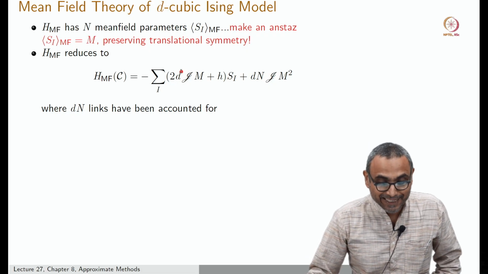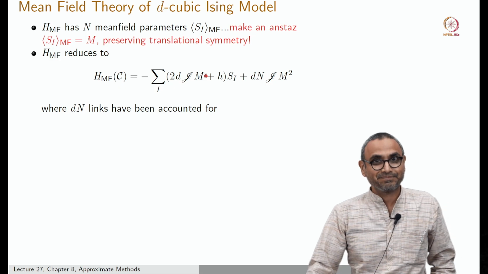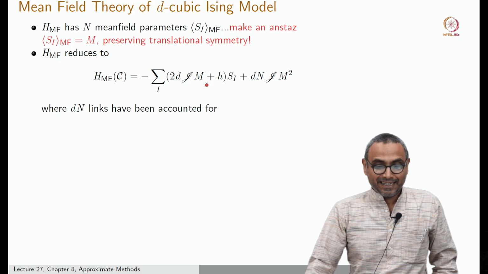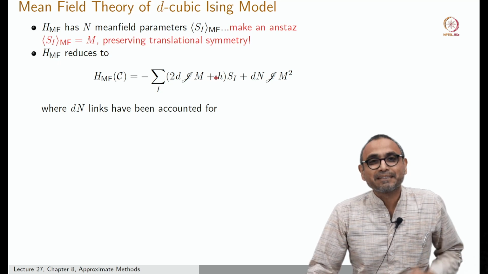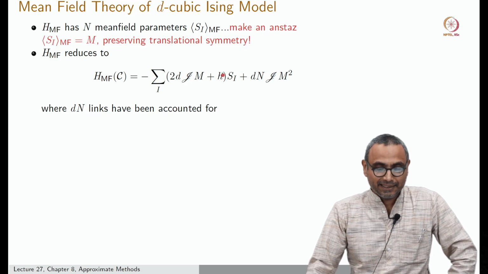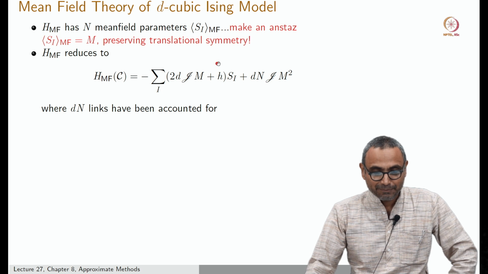So this is where the dimension of the space will enter our mean field theory. And then H is simply the external magnetic field that you have applied. That just comes to the right, we are not touching that.